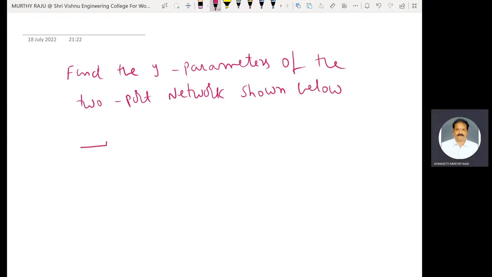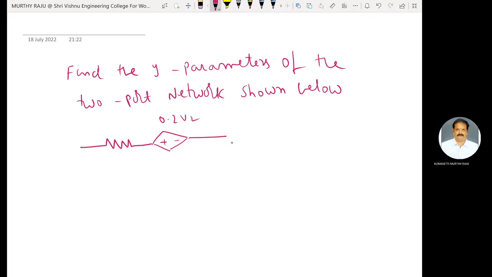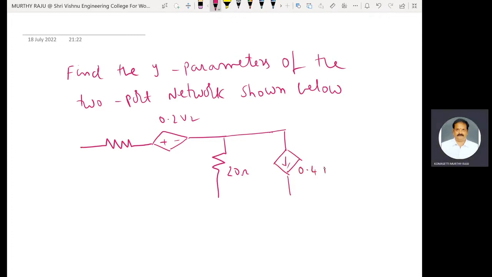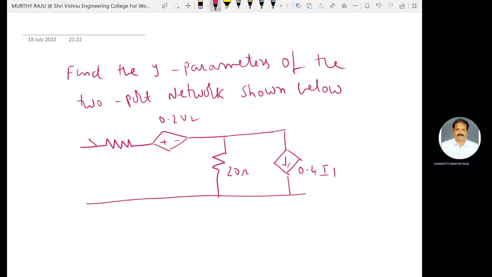This is the network. (0.2 V2), 20 ohms, (0.4 I1), I1.